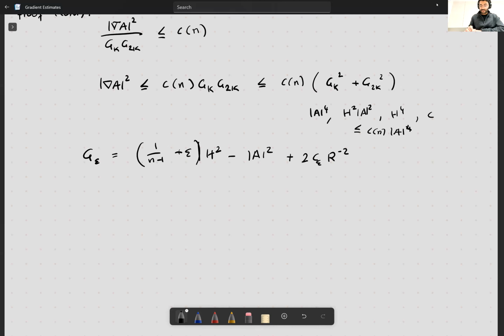For any epsilon, I know from the cylindrical estimate that there exists some constant C epsilon greater than 0 such that this whole thing is greater than or equal to C epsilon R to the minus 2. In the cylindrical estimate, what you actually have is that this thing is greater than 0 with a 1 here instead of a 2. So if I put a 2 there, then I know I have this fact.